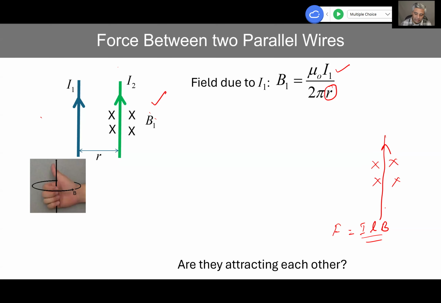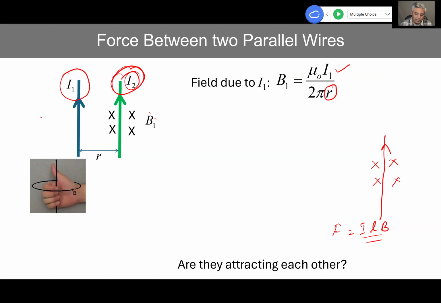Okay, so there is the second wire. Now the second wire that has current I2 is sitting in the magnetic field produced by this first wire. And you may be thinking, how about the field due to this one? The field produced by I2 does not affect I2 itself.